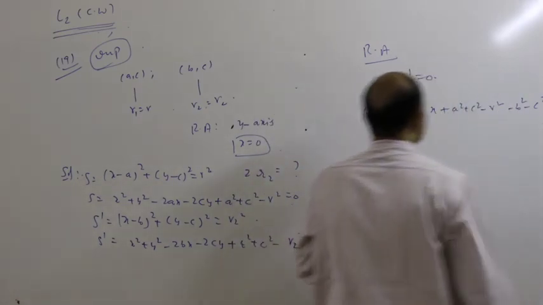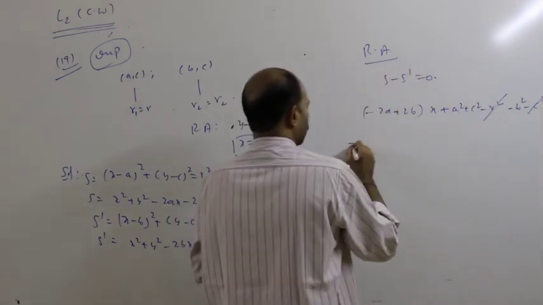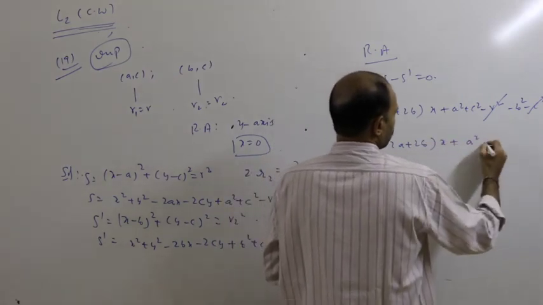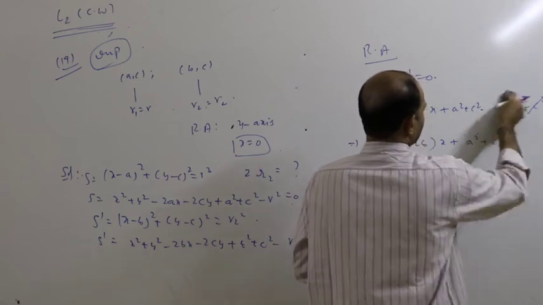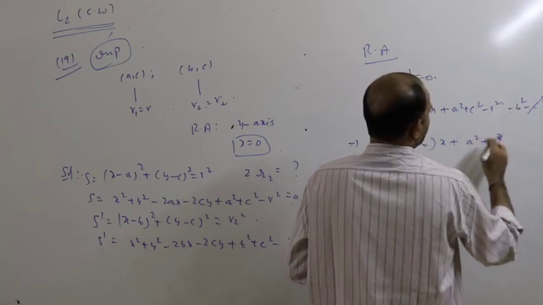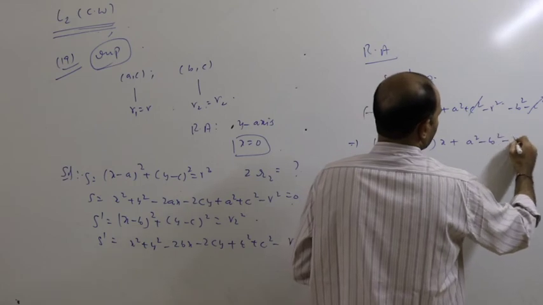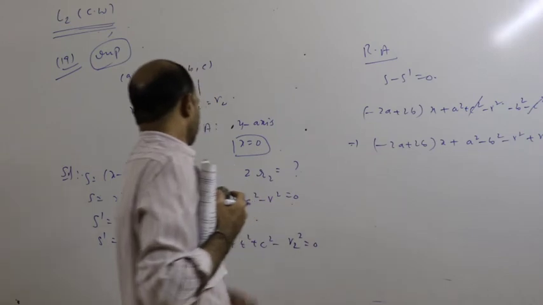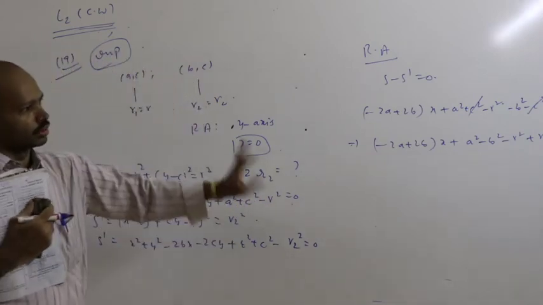Here some cancellation follows. Then it follows that minus 2a plus 2b times x plus a square, the c square cancels, a square minus b square minus r square plus r2 square is 0.